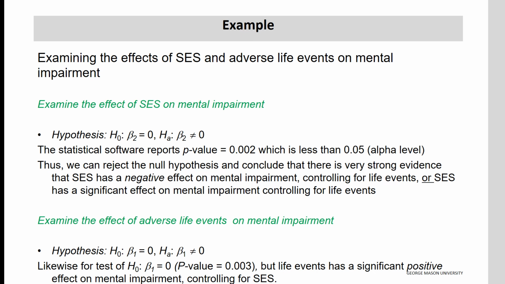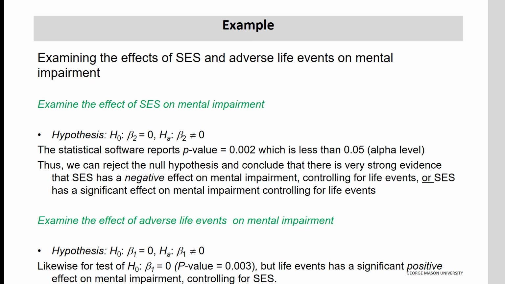We know that this is a negative effect because we already covered the regression equation, and we saw that the regression coefficient associated with SES was negative, indicating a negative association between socioeconomic status and mental impairment.